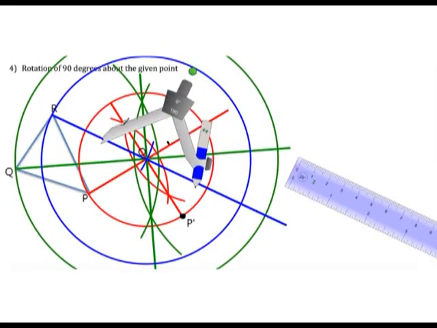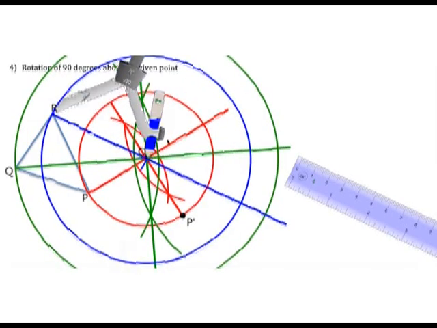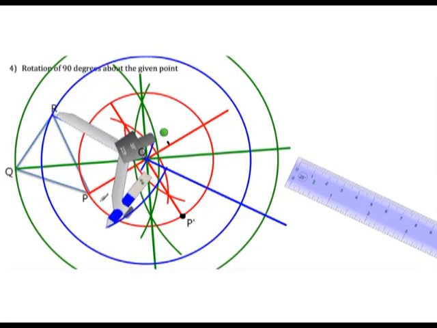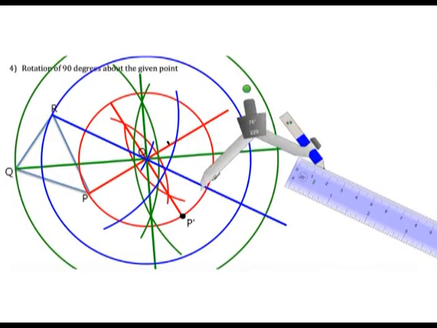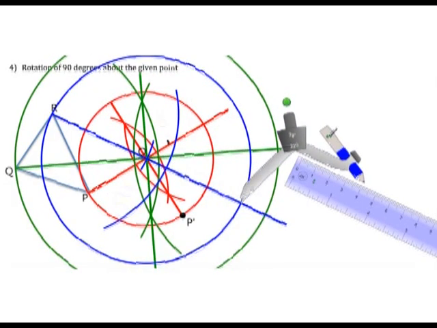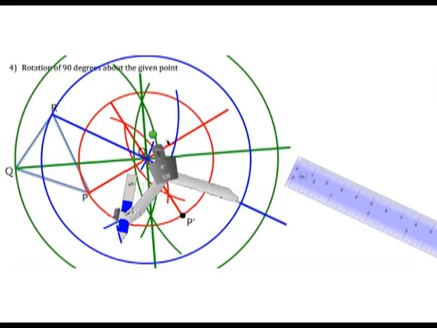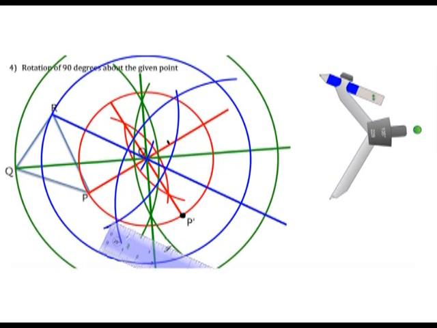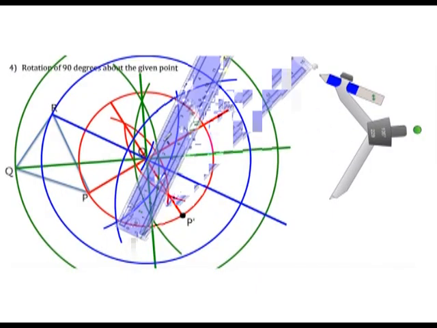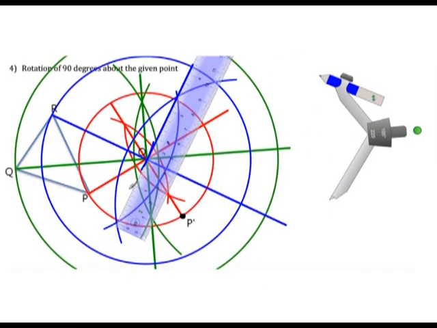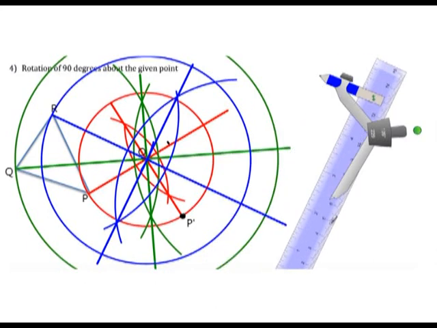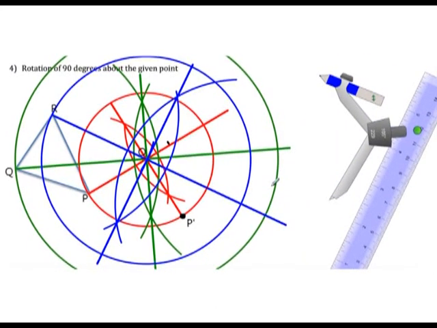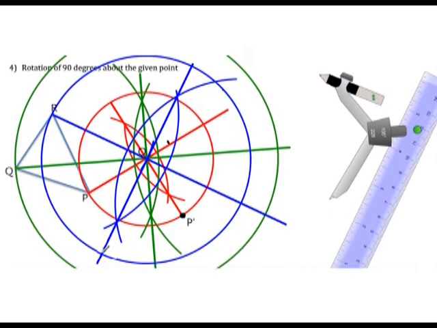Now we bisect the line. An arc to the other side. Over here, another arc. Finally, the bisector now. (90° counterclockwise). This point comes here, and that's R prime.